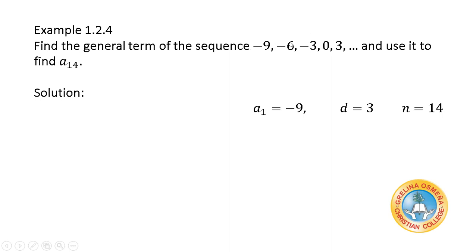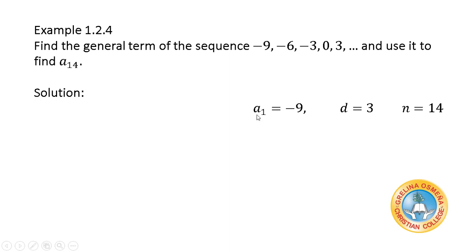Negative 3 minus negative 6, that's positive 3. 0 minus negative 3 is positive 3. I hope you know your integers, the subtraction and addition of integers. And then 3 minus 0, that is also positive 3.